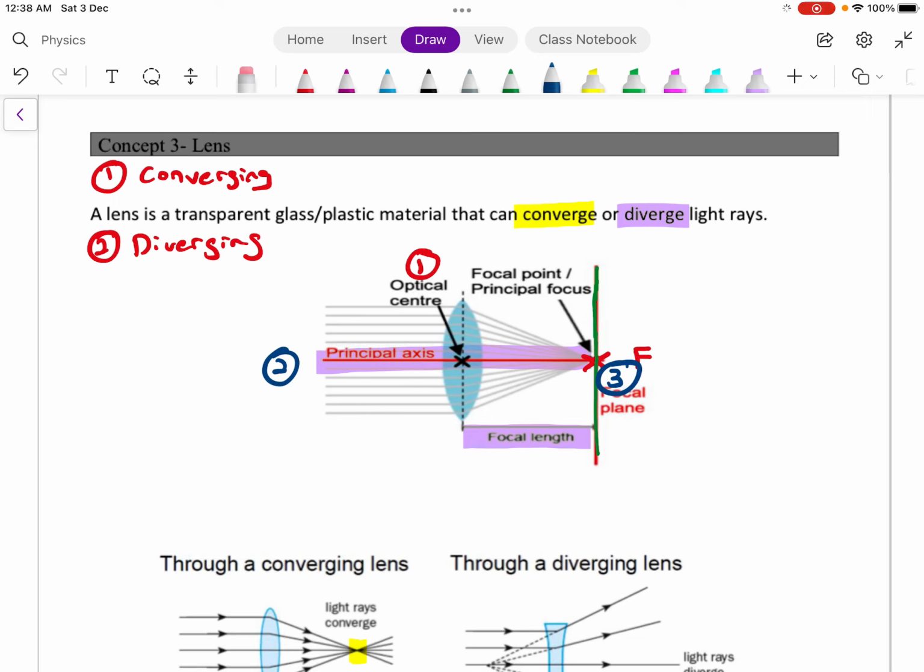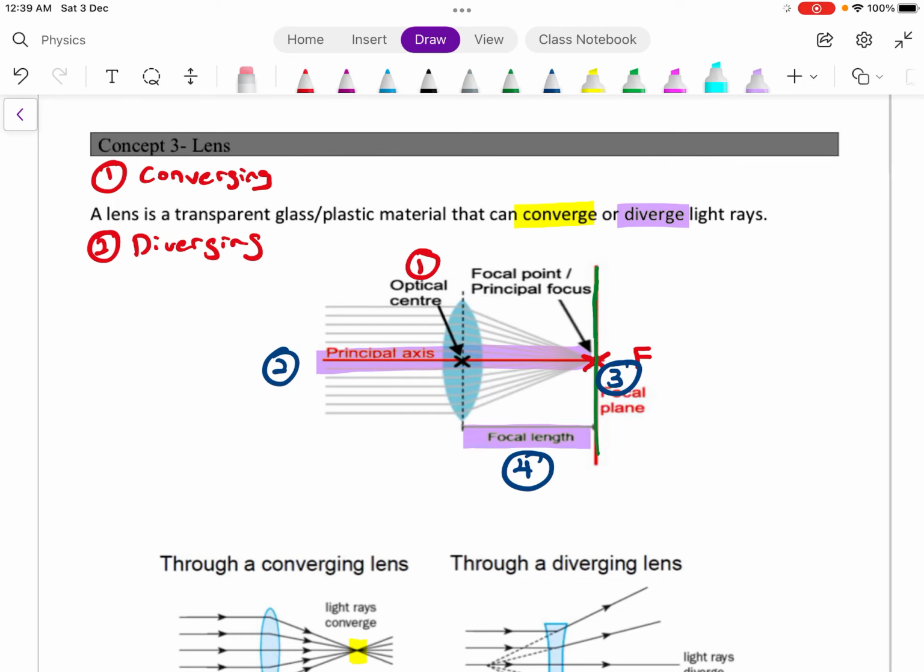So the next thing will be known as your focal length. So focal length is the distance between the optical center to the focal point, or to the first focal point. And last but not least is your focal plane. So focal plane is just like a plane passing through the first focal point.